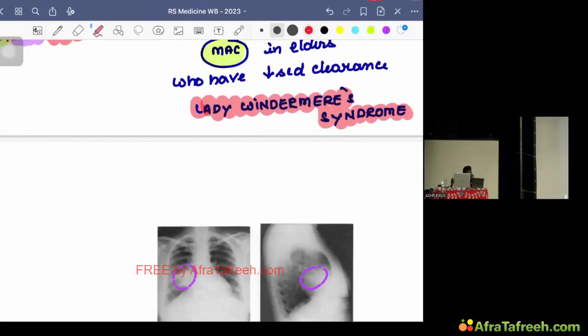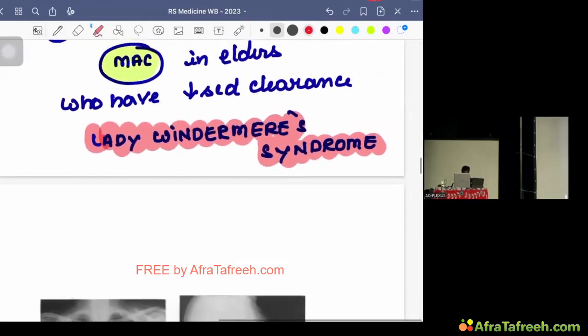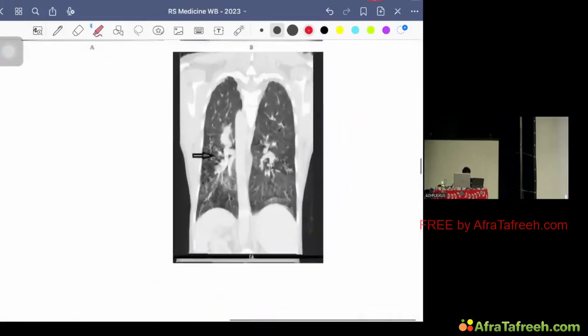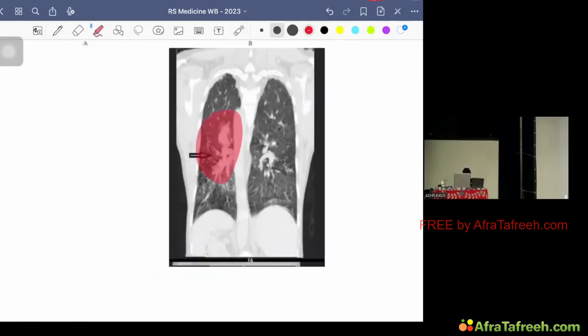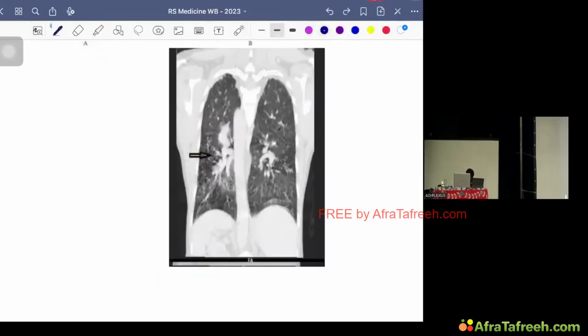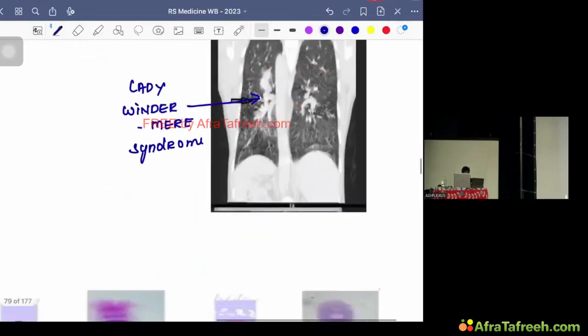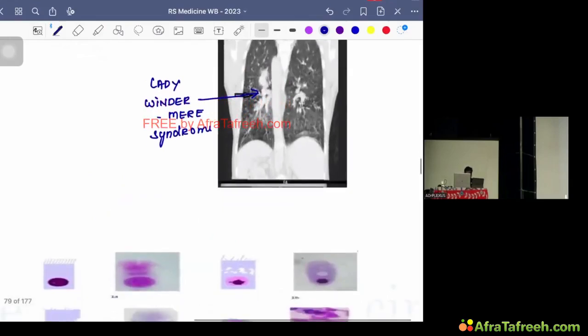In this condition you can see a middle lobe haziness here. This indicates that the person is suffering from Lady Windermere syndrome. Right middle lobe bronchiectasis is known as Lady Windermere syndrome.